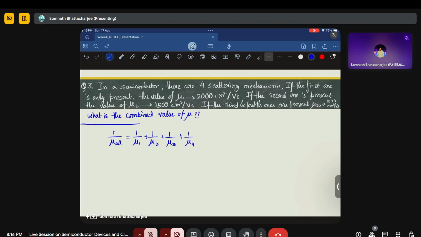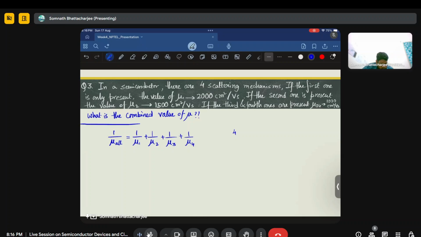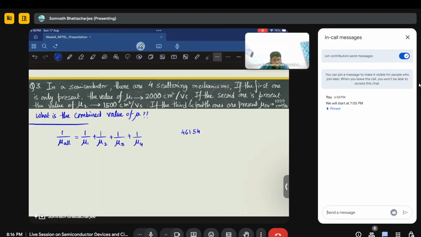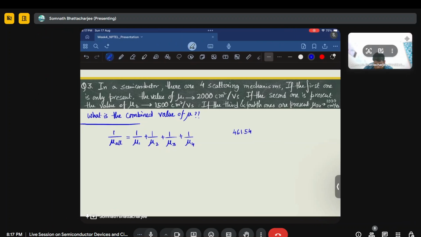So 461.54. So what is the value? 461.54. Let me check it. Has anyone got the same value or a different one?